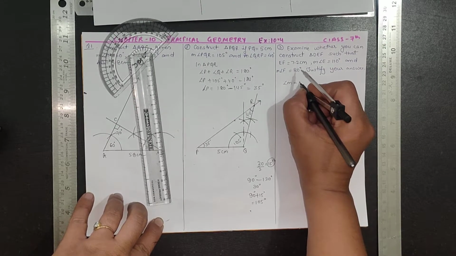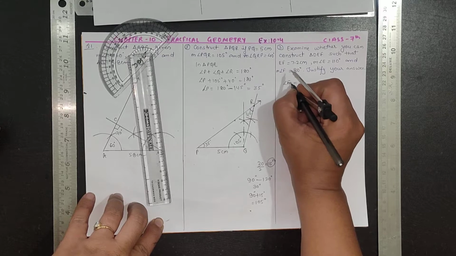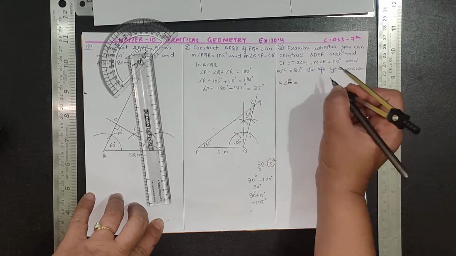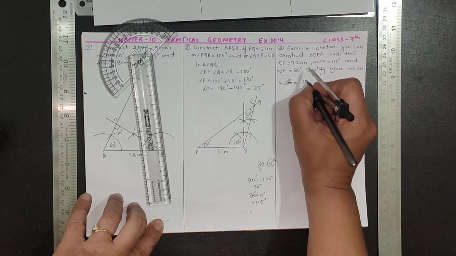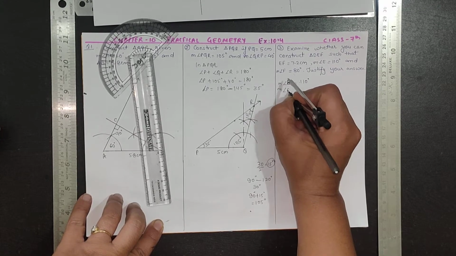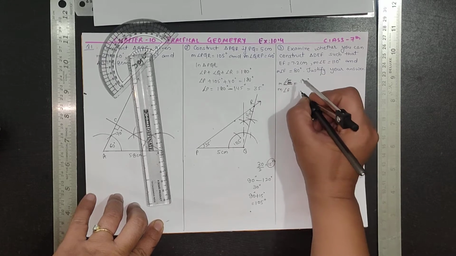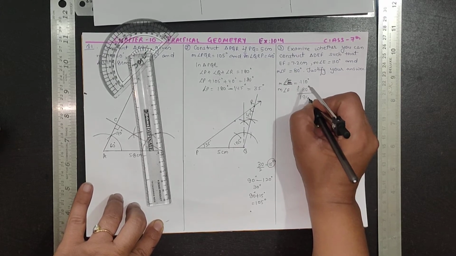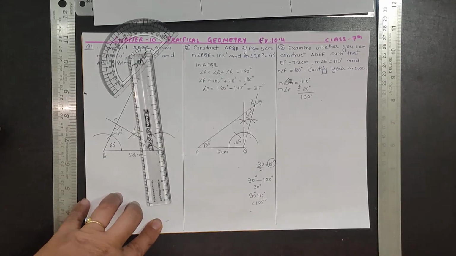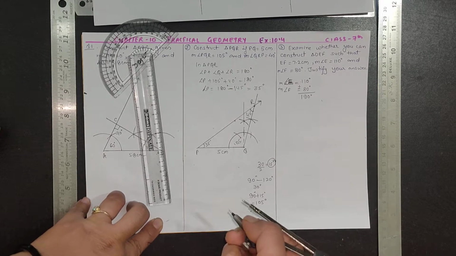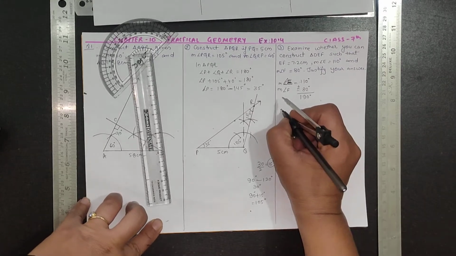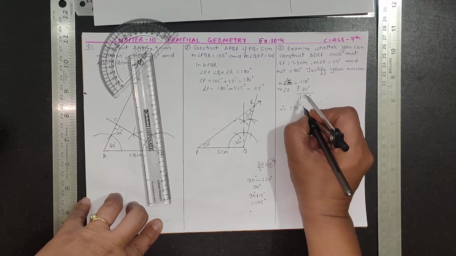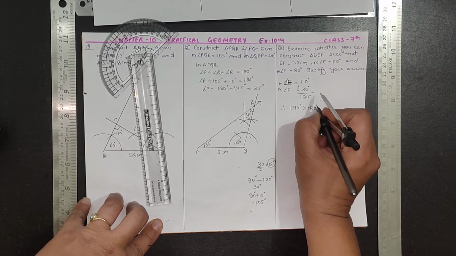Angle E is given 110 and angle F is given 80. The sum of these two angles is 190 degree, which is not at all possible for constructing the triangle because 190 degree is greater than 180 degree.